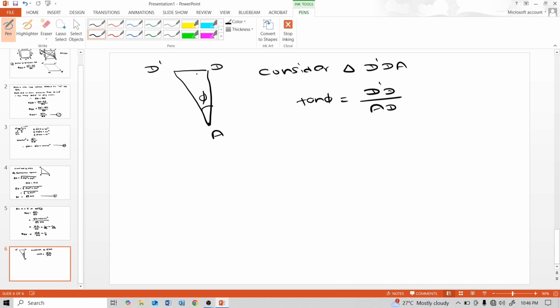Due to this distortion being very small, the angle is also very small, and for a very small angle, tan phi is equal to phi. Therefore phi is equal to D dash D upon AD.